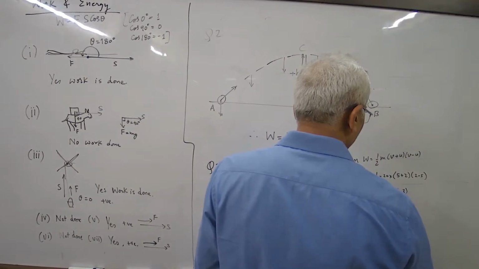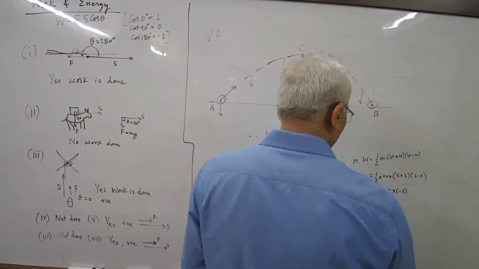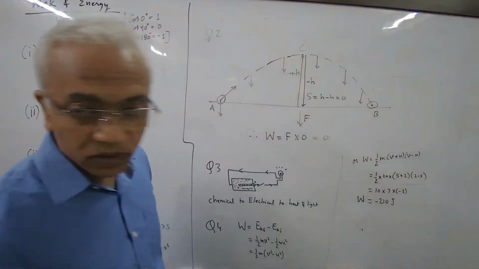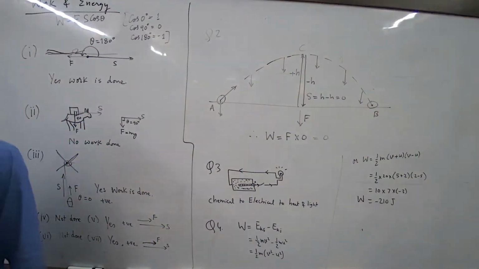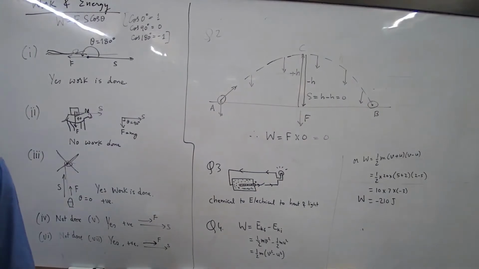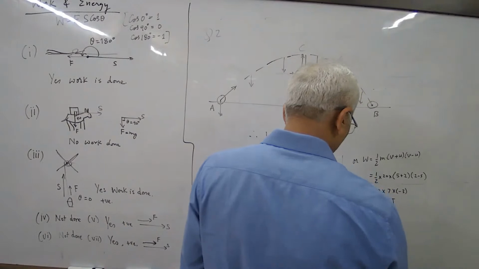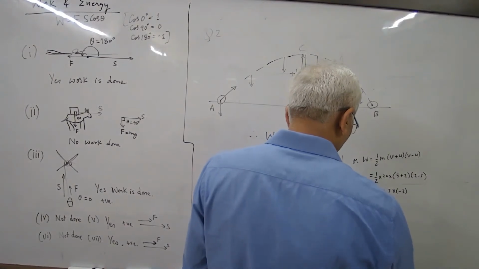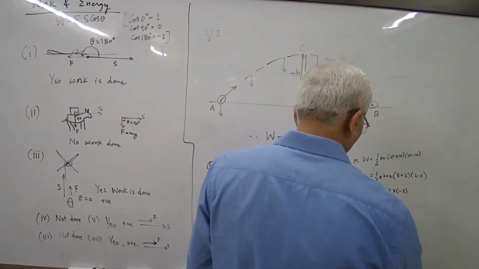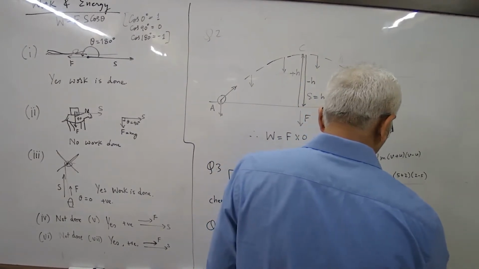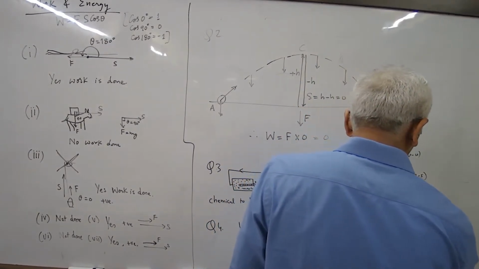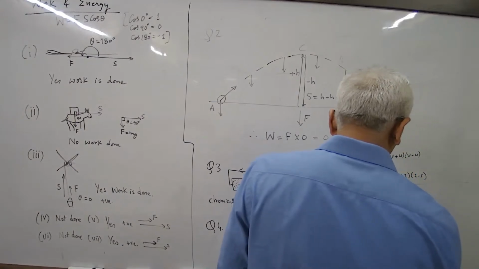So 21. Minus 21 upon 2, right? So it's negative, minus 210 joule. So work done is 210 joule and it is negative, against the motion.